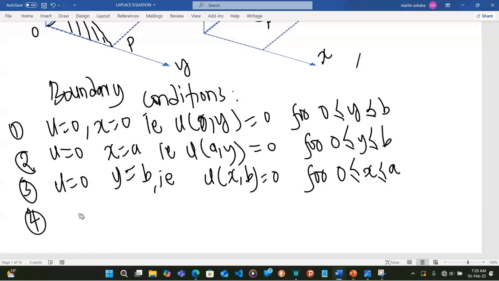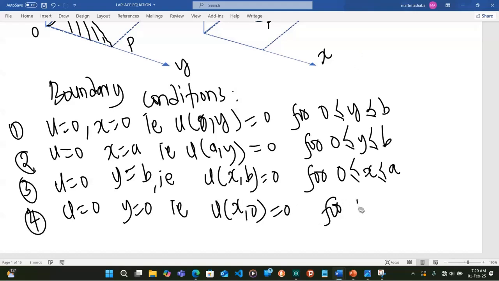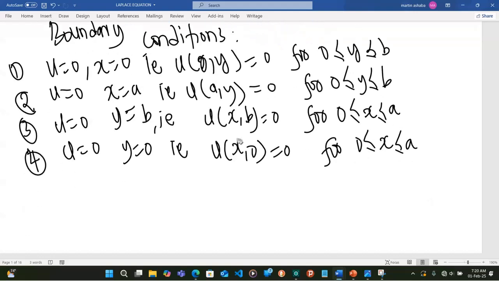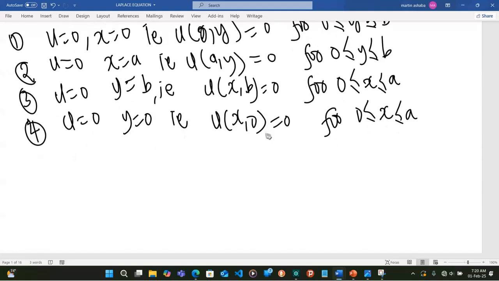Then the fourth boundary condition is that u is equal to 0 when y is equal to 0, that is to say u(x, 0) = 0 for values of x between 0 and a, so for 0 ≤ x ≤ a. So once we have our boundary conditions, we can now take an assumption.